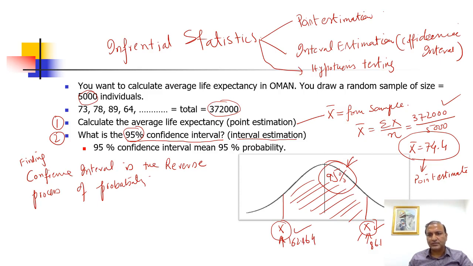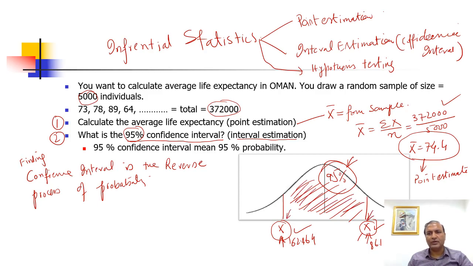You understand, the whole point of doing the probability is to show you that the confidence interval is the reverse process of finding the probability. In the confidence interval, you are given the probability, but you have to do something to find the x values.